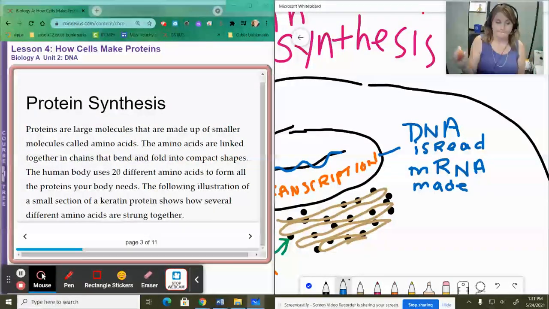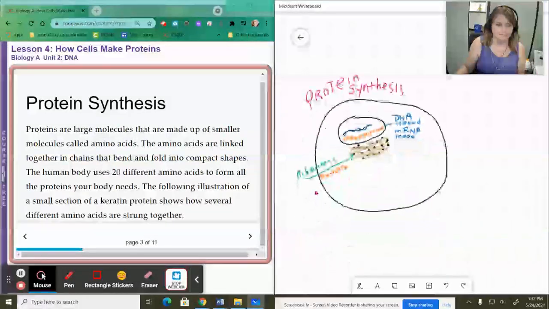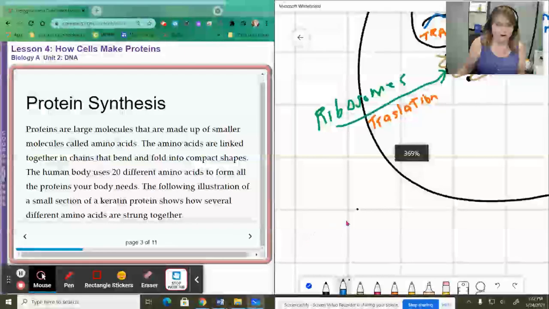Okay, that's what happens with transcription. Translation: the messenger RNA is read.